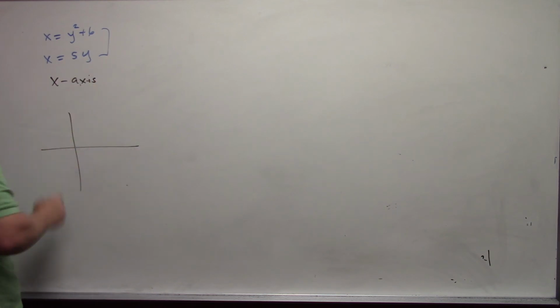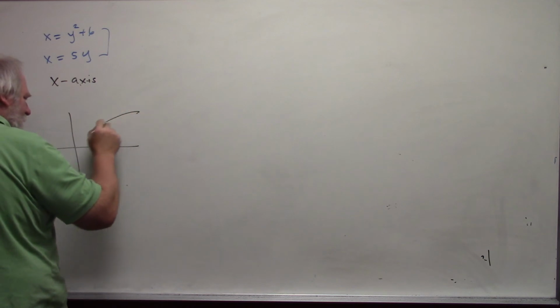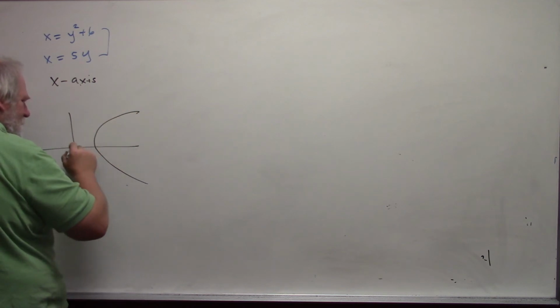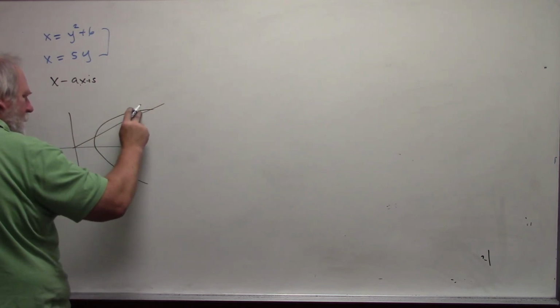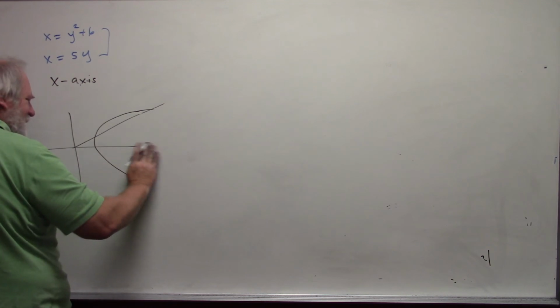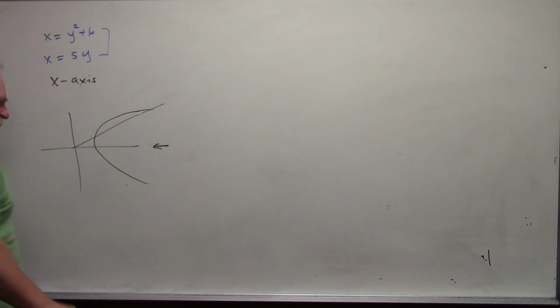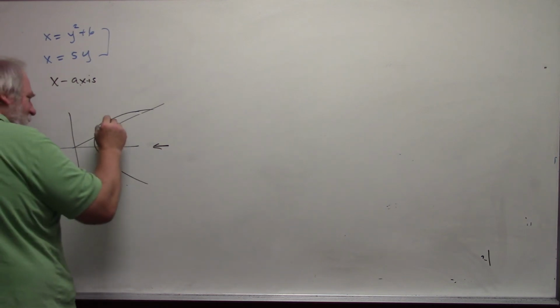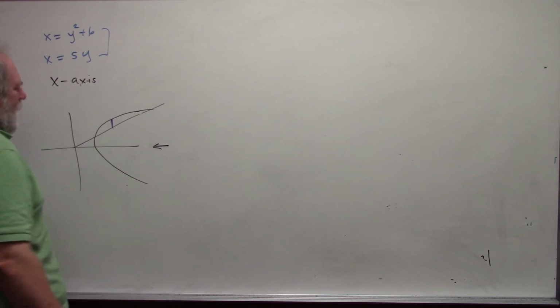So remember, my curve looks something like this. My area looks something like this. And now I want to rotate this around the x-axis. If I make my rectangles perpendicular to the axis of rotation, again, I'm going to get a washer.